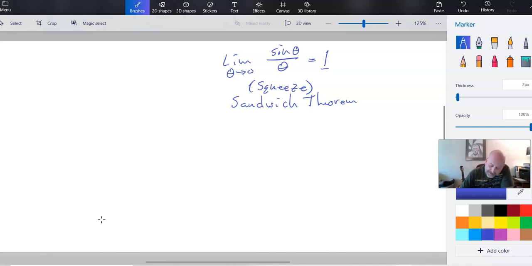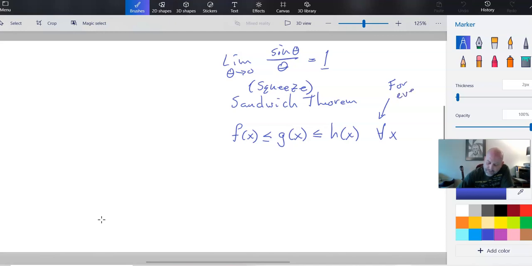Here's the idea. If you have three functions with the relationship that f of x is less than or equal to g of x is less than or equal to h of x for every x. That's a symbol you probably haven't seen before. The upside down A means "for every," and that is a math symbol.